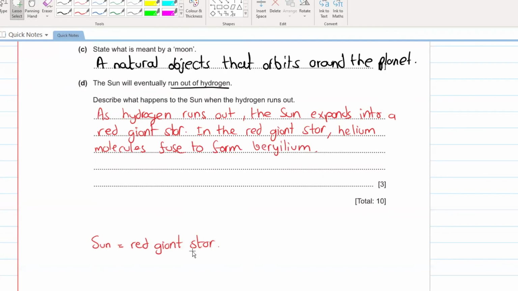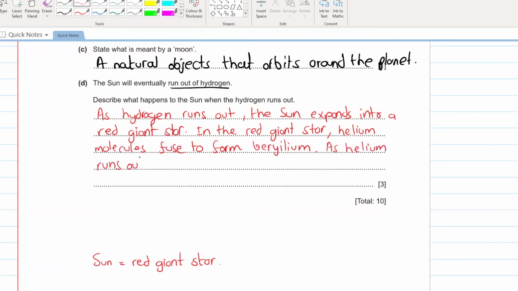Then what will you say further? As helium runs out, this is an A star answer.